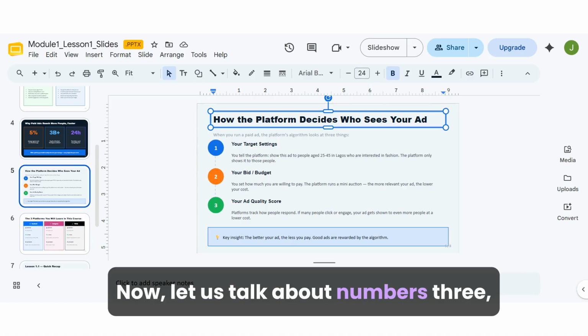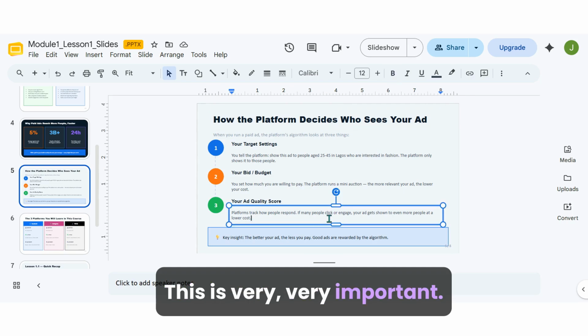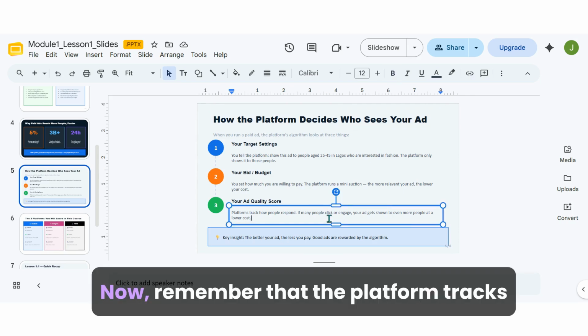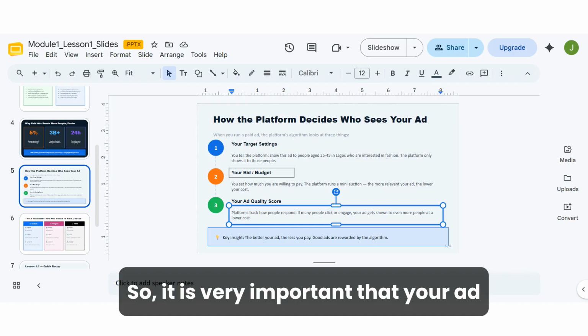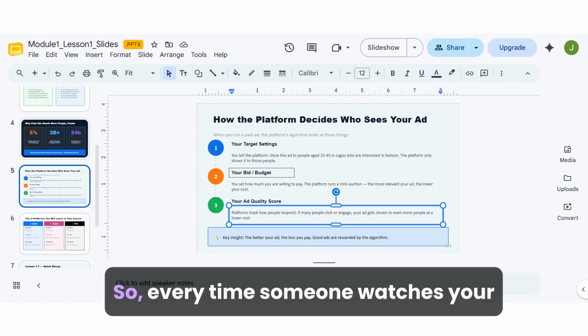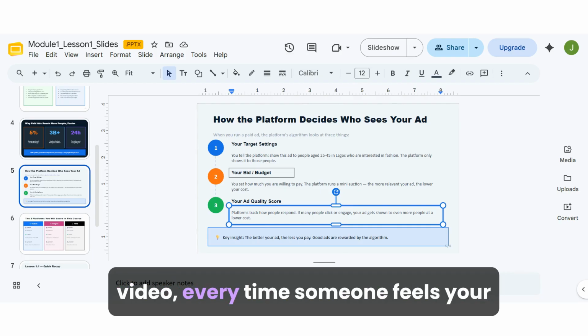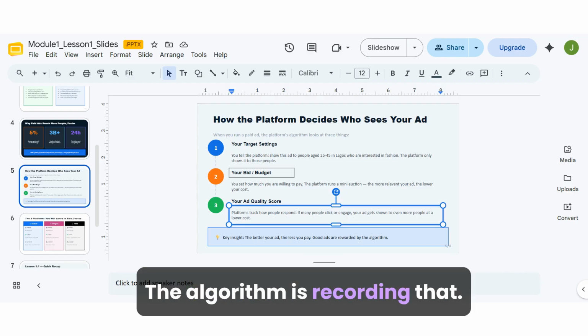Now, let us talk about number three, your ad quality. This is very, very important. Remember that the platform tracks how people respond to your ad. So, it is very important that your ad quality is super. Every time someone watches your video, every time someone fills your form, the algorithm is recording that.